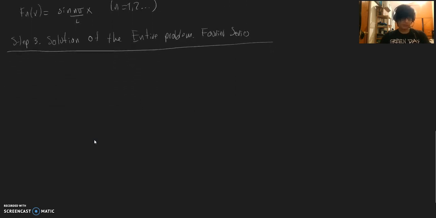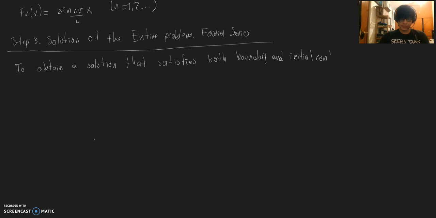So to obtain a solution that satisfies both the boundary and initial conditions, we need to consider u depending on x and t equal to an infinite summation from n equals 1 to infinity of un of x comma t.